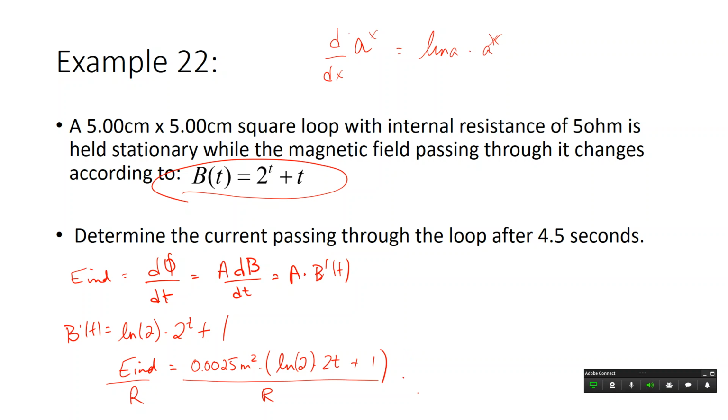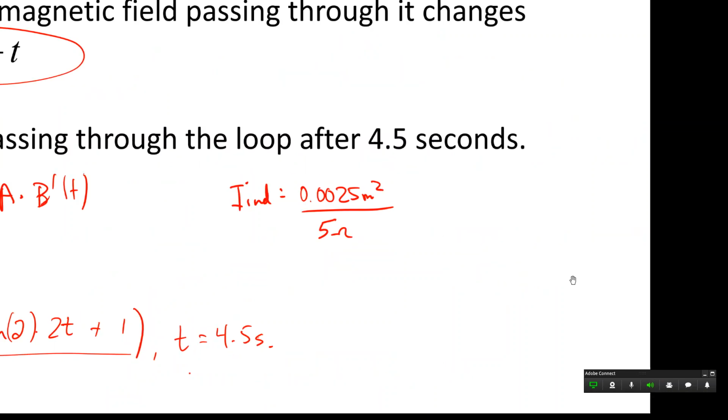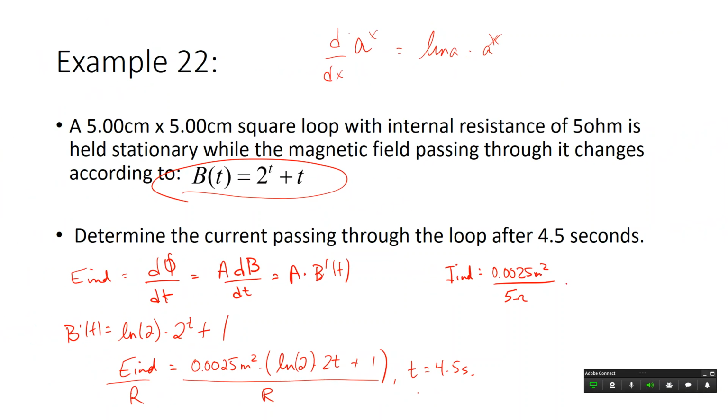So I induced is going to be equal to 0.0025 meters squared divided by the resistance, which is 5 ohms, multiplied by ln of 2 times 2 to the power of 4.5 plus 1.